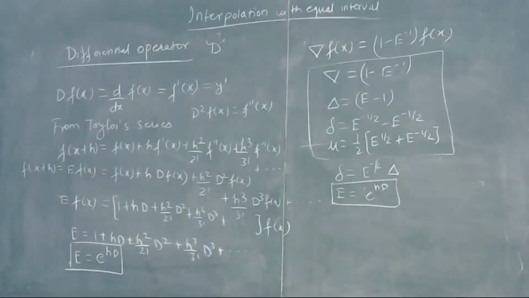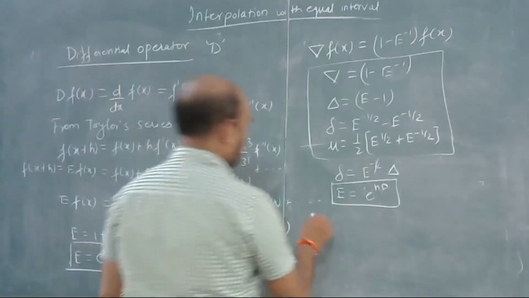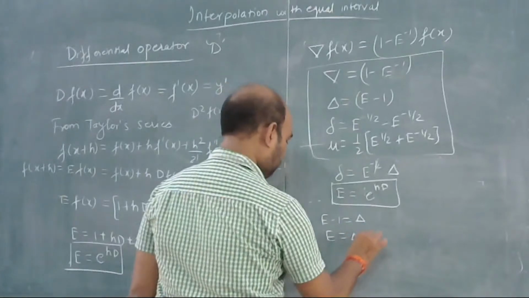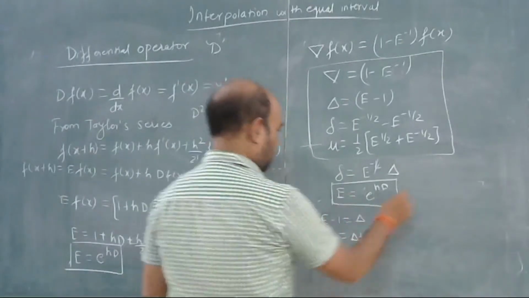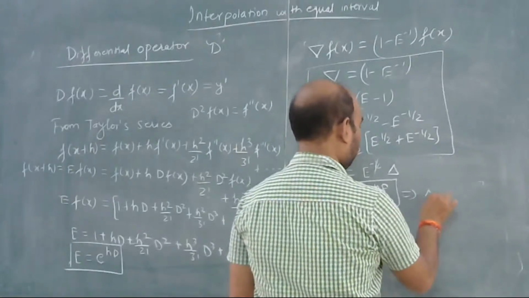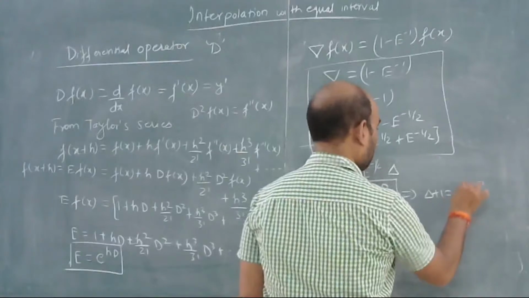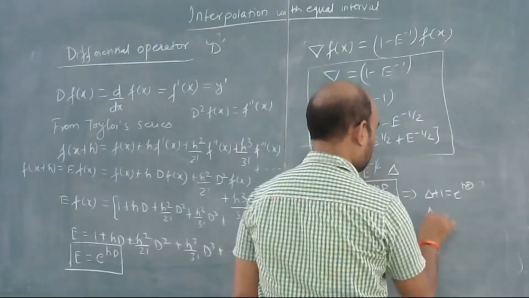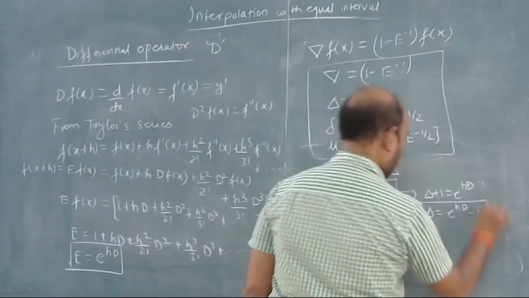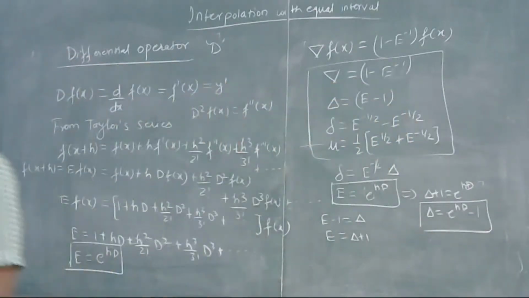And you know that E minus 1 is equal to Δ, or E equal to Δ plus 1. So this can be written as Δ plus 1 is equal to e to the power hD, or Δ is equal to e to the power hD minus 1.